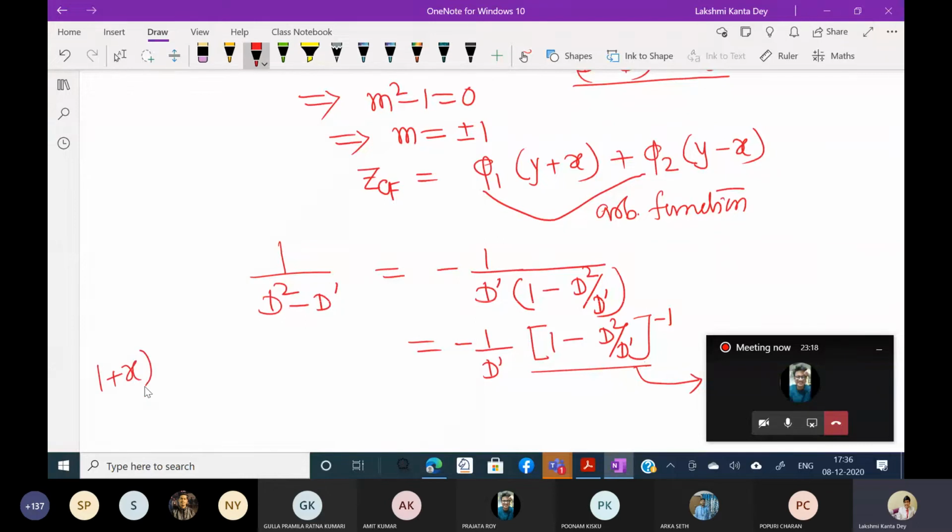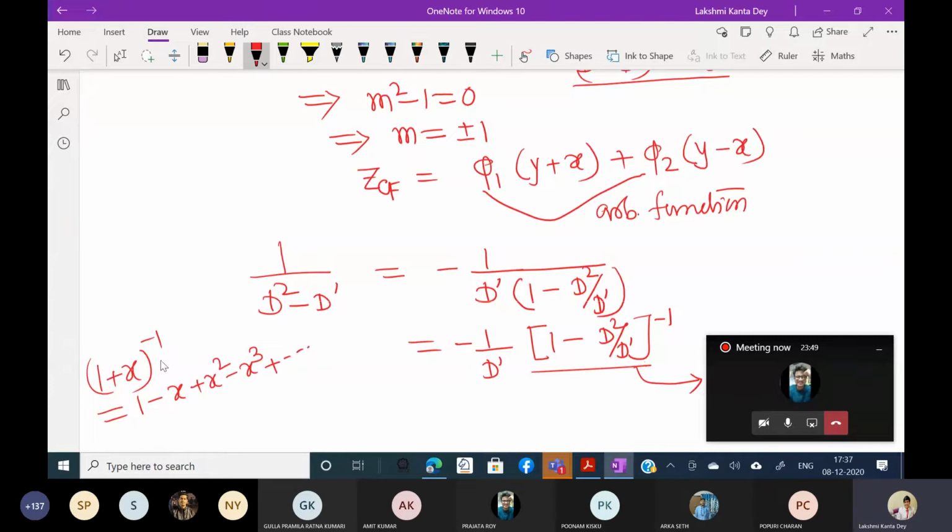1 plus x whole to the power minus 1, or 1 minus x. In case of 1 plus x whole to the power minus 1, its expansion is 1 minus x plus x square minus x cube, and in this way it goes on.